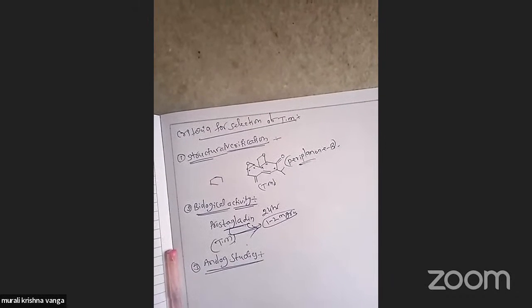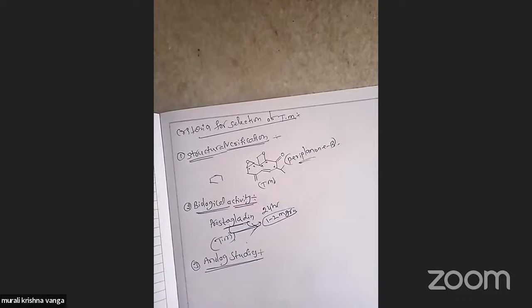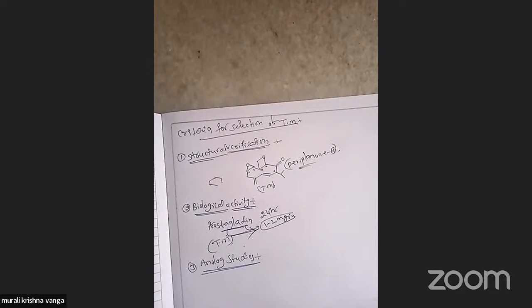The best example is penicillin analogs, amoxicillin and ampicillin, which show better antibiotic activity compared to penicillin.